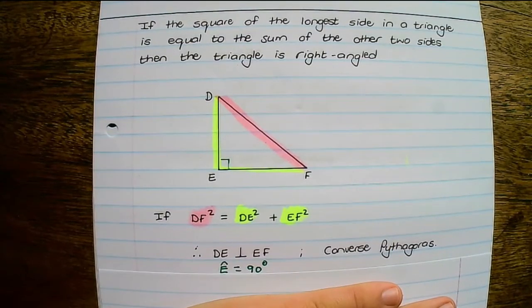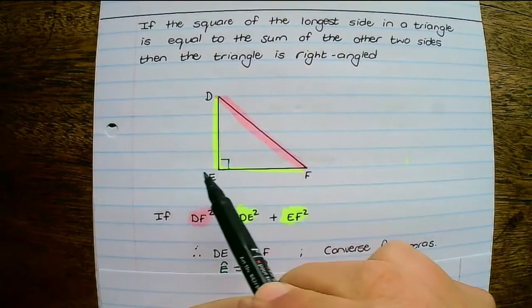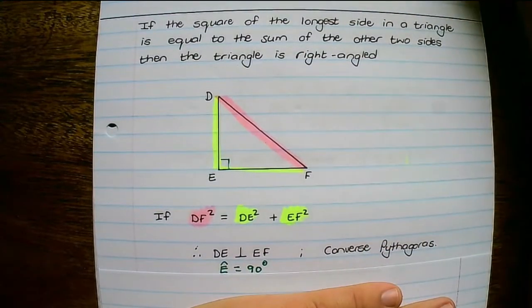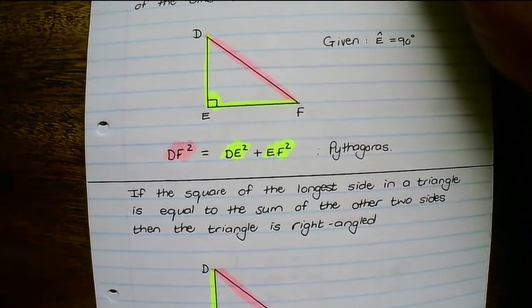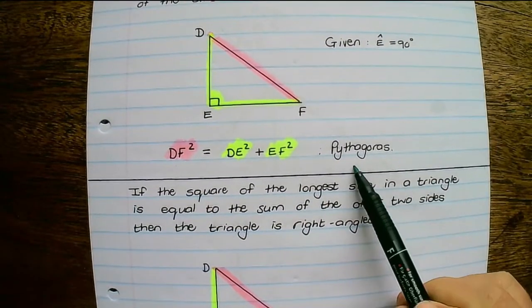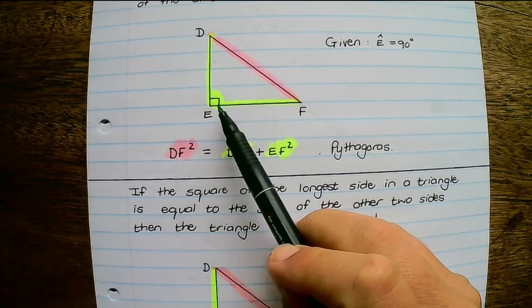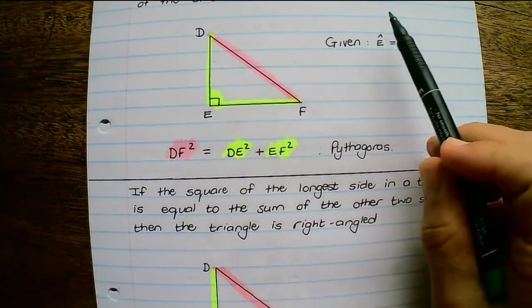And I'm not using Pythagoras, I'm saying this is the converse of Pythagoras. I'm proving that the Pythagoras theorem exists in this diagram. So in the previous example, in order to use Pythagoras, you need a 90-degree angle. That information needs to be given.